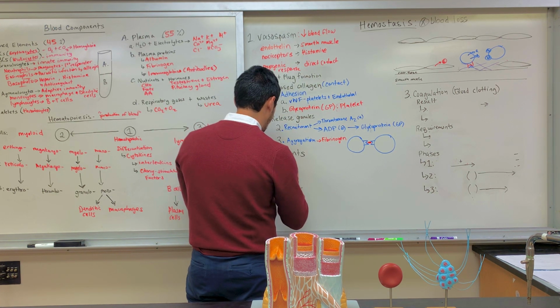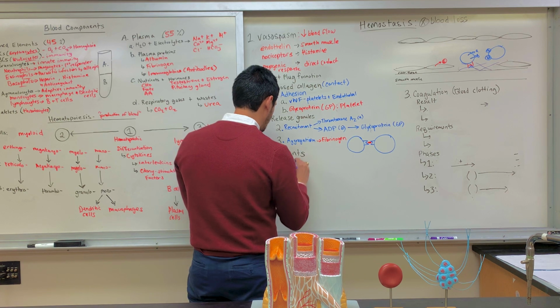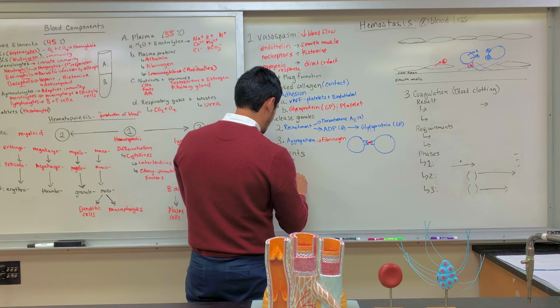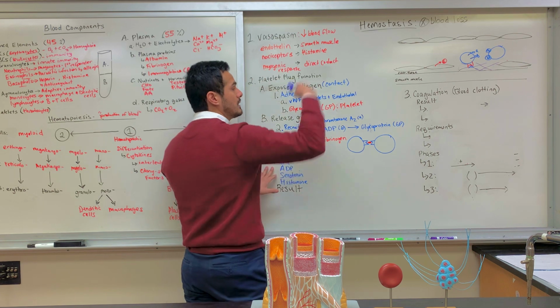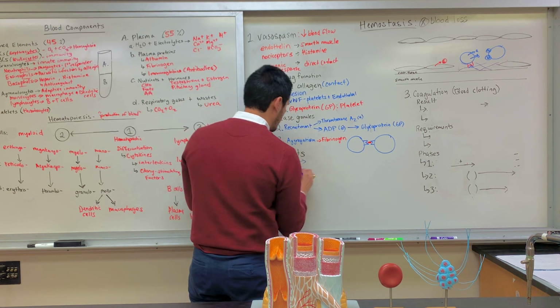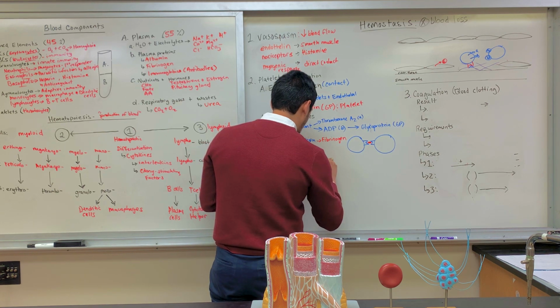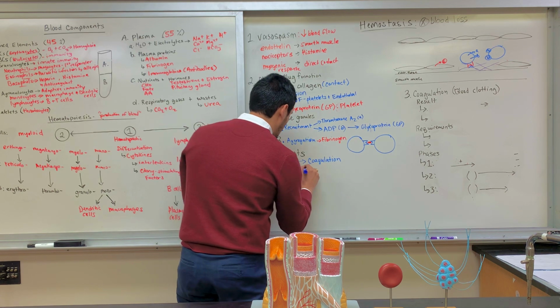An easy way to remember this is CASH. They release calcium, they release ADP, they release serotonin, as well as histamine. They're going to release calcium because calcium is important once we get to coagulation. So calcium, I'm going to write coagulation. And then ADP, we've already discussed this.